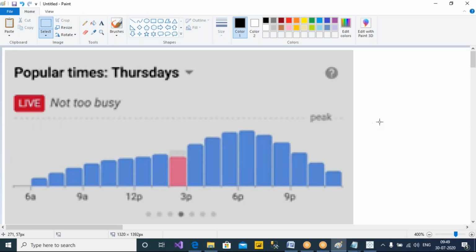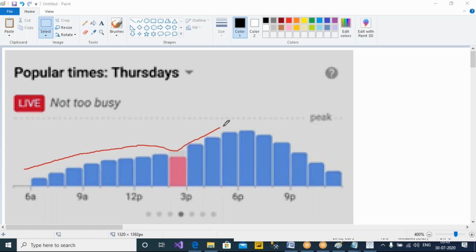If you have observed, when you do any Google search for a place you want to visit, it might tell you that the place starts at 6 a.m. and you can see the crowd is increasing and then decreasing, and then increasing and decreasing again. So if I want to visit that place, maybe I can choose where the waiting time is very less, maybe here or here. This is a waiting time where it is a lot, isn't it? So this is a similar chart which is called the histogram chart.